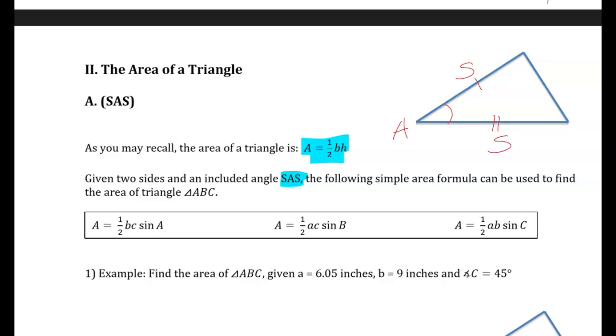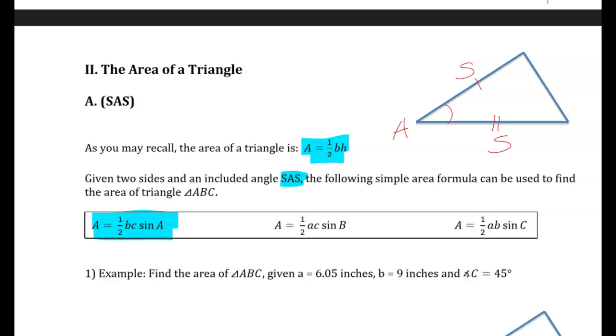When we have a side angle side triangle, we can apply, I know it breaks this up into three separate formulas, but these are the exact same formula. All that this formula means is the area is equal to 1/2 times one of the sides they give you, times the other side they give you, times the sine of the angle between those two sides.